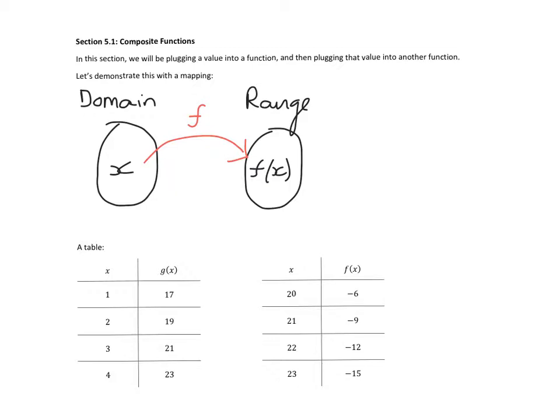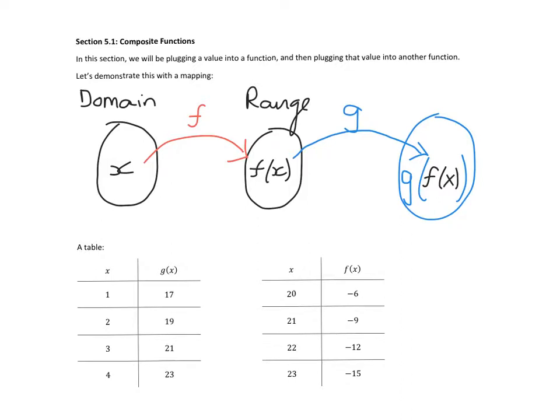And then we would have another function g that would take f of x and map it into the range of g. And so really it would be g of that value f of x.